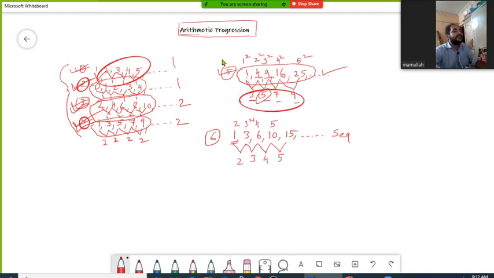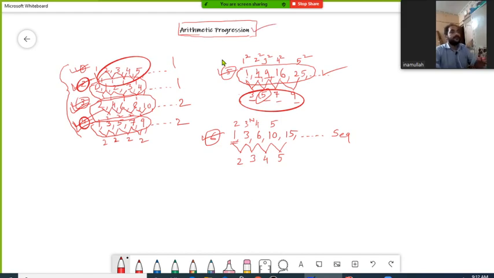But can we say that this set of numbers is an arithmetic progression? It is a sequence because all the numbers in this series follow a definite rule, a pattern. So you can call them a sequence. But my question is, is this an arithmetic progression?